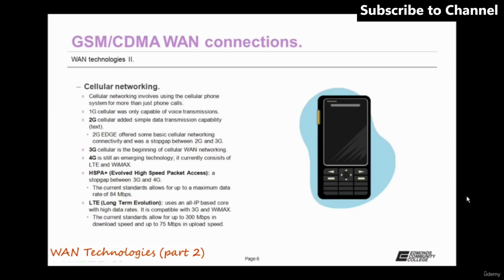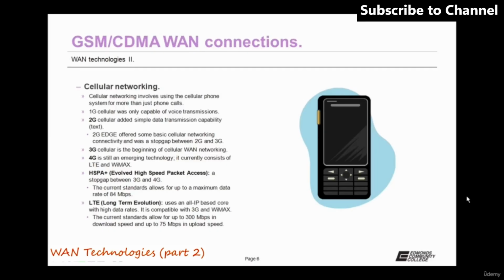It was a stopgap between 3G and 4G networking. It's still available today. The current standard for HSPA+ allows for up to a maximum data rate of 84 megabits per second. Now, it's not quite as good as LTE, which is long-term evolution.